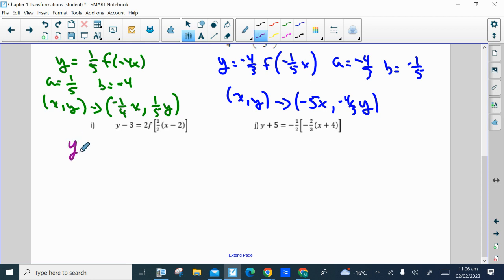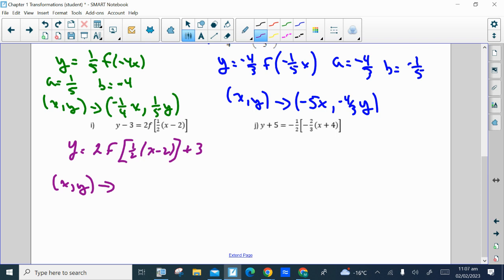Question I, I would get the y by itself by adding 3 to both sides. So, the pieces that will affect the x are what's inside the big square bracket.